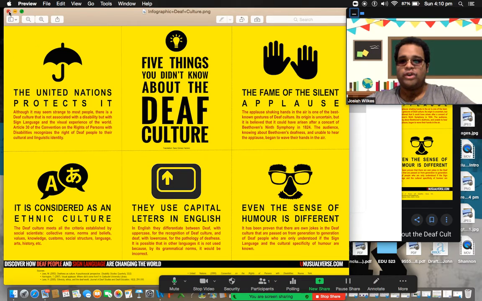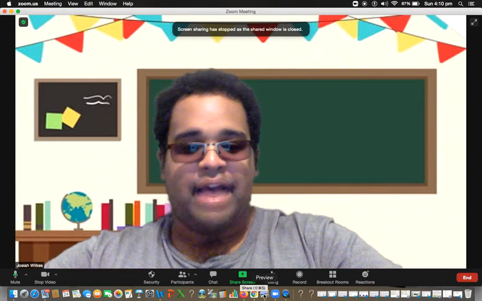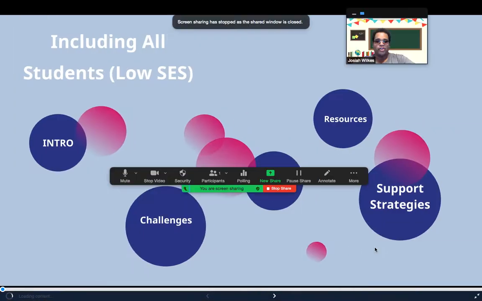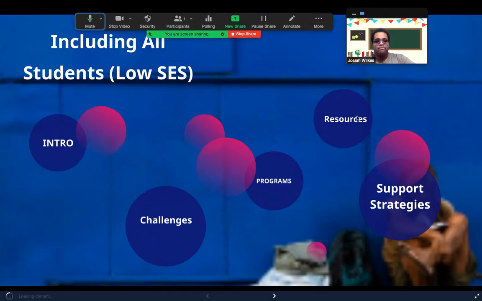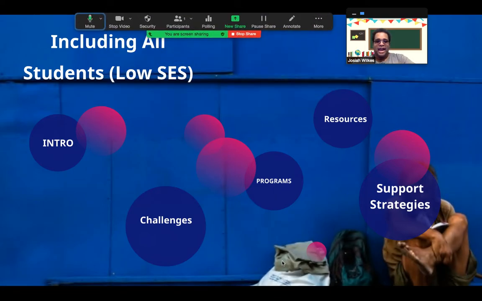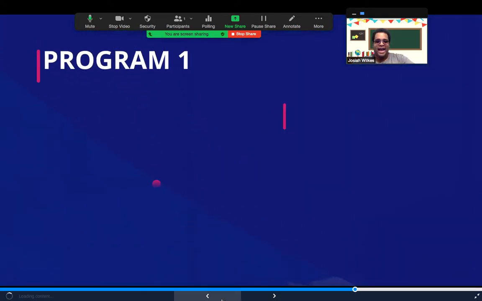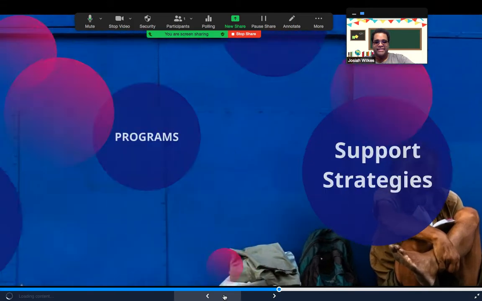Another source of difference, so moving away from disability, is students that are low SES, low socioeconomic. So students that experience poverty will have different stages of their development.